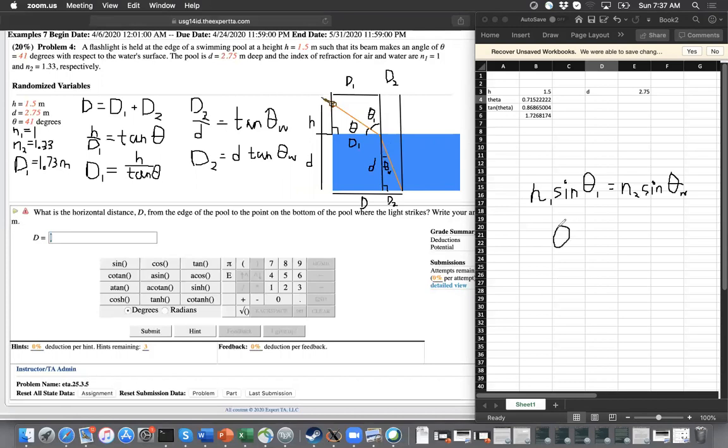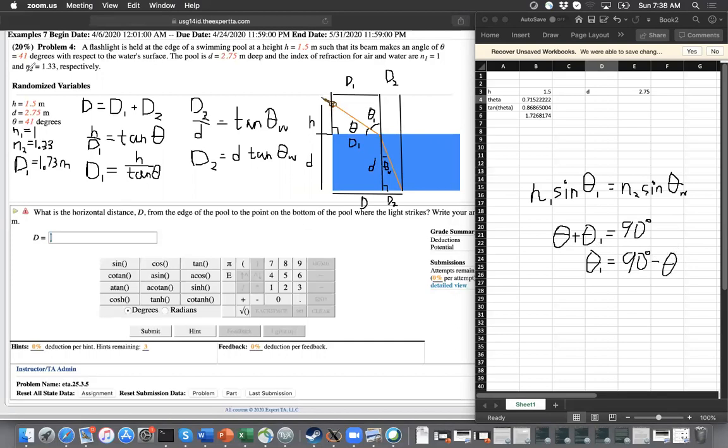But we can notice that theta plus theta 1 is 90 degrees. So theta 1 has to be, just remove theta on both sides, 90 degrees minus theta.